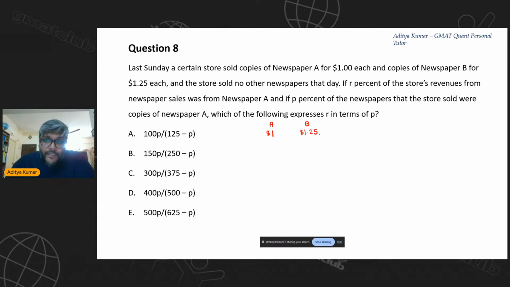If R percent of the store's revenues from the newspaper sales were from newspaper A, so they're telling me that R percent of my total revenue is from A, and if P percent of the newspapers that the store sold were copies of newspaper A, so P percent of what the store sold were copies of A, which of the following expresses R in terms of P?